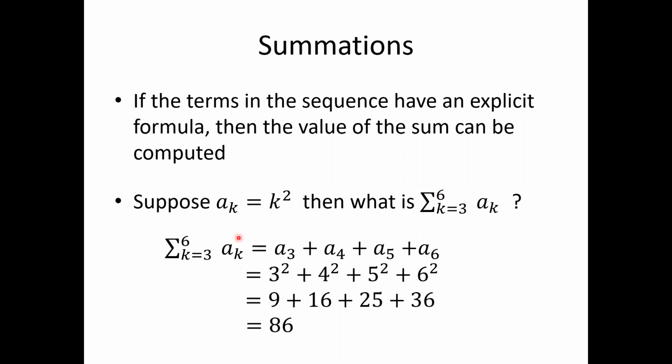This simply stands for a3, a4, a5, and a6 all summed up. There is a closed formula for what ak stands for. So a3 is simply 3 squared, a4 is 4 squared, a5 is 5 squared, a6 is 6 squared. So this is that.